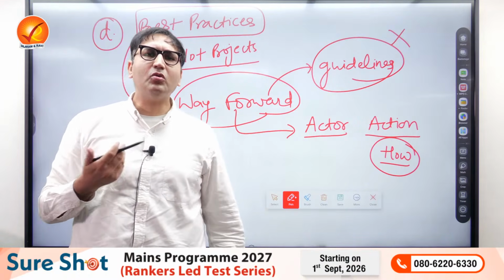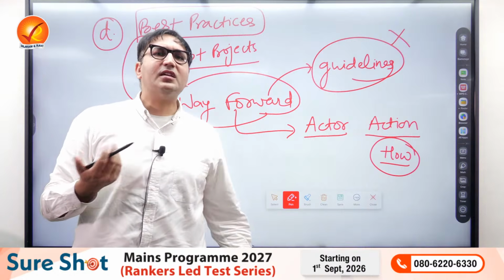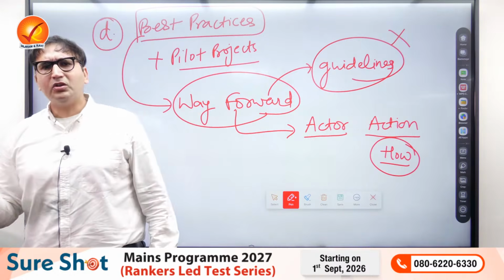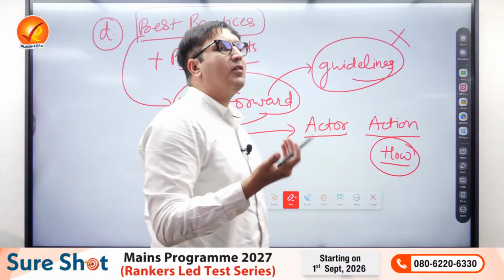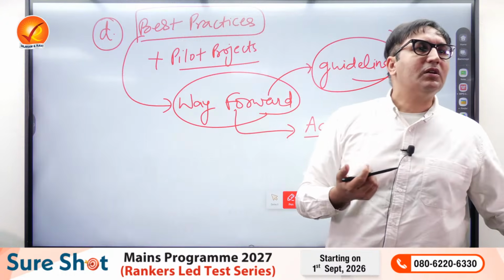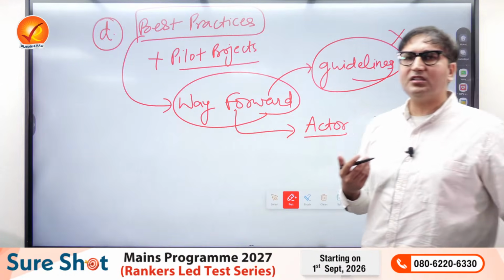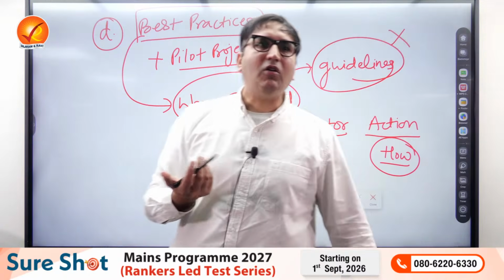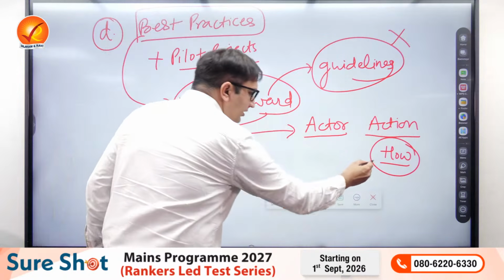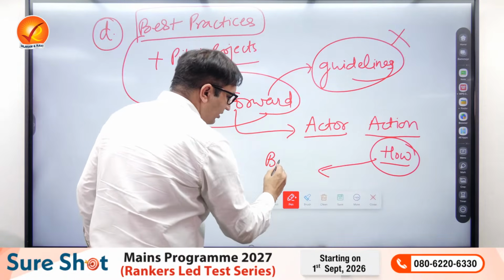Community preparedness, okay, government knows that. It's a disaster prone area, community preparedness has to be done, or we need participative governance. But saying that we need to make it easier for the people to participate, but how? How can we make that? A best practice will be the example here.